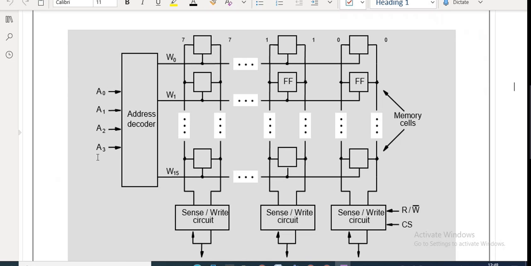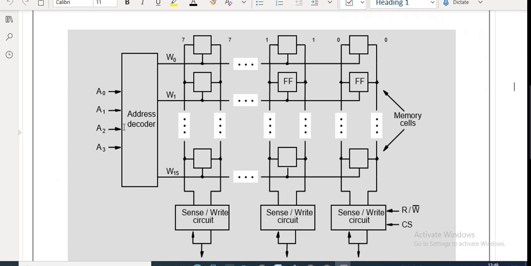So do we have 16 addressable locations? Yes, you can observe W0 to W15. Each word indicates one addressable location. W0 indicates the first row, then the second row, and so on. There are 16 rows. So by knowing the number of bits in the address, you can tell the number of addressable locations.